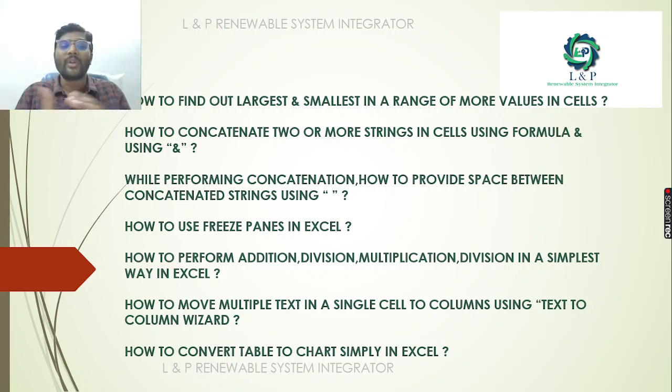We are going to learn that, and how to freeze panes in Excel, and how to perform addition, division, multiplication and subtraction in the simplest way. We will move multiple text in a single cell to columns using the Text to Columns wizard, and learn how to convert a simple table to a chart in Excel.